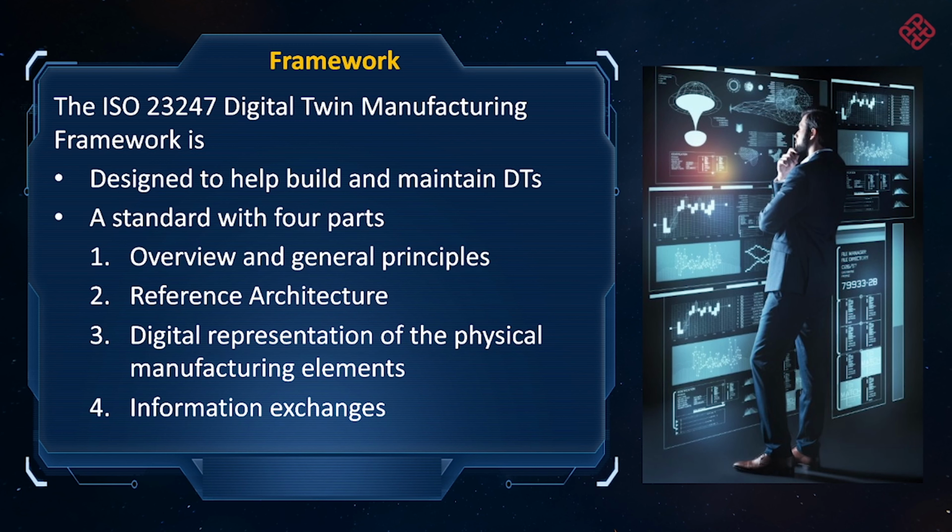One is overview and general principles, describing what a digital twin is and what the components are that you need to set up. Secondly is the reference architecture, a set of documents that govern the various components and aspects that you need to pay attention to, and you need to follow those prescriptive guidelines in order to set up your digital twin applications.